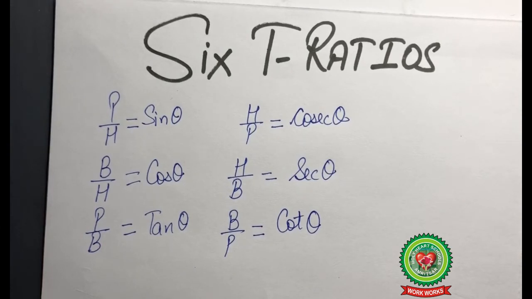So, students, you have your 6 T ratios and their names. P upon H is equal to sine theta. B upon H is equal to cos theta. P upon B is equal to tan theta. H upon P is equal to cosecant theta. H upon B is equal to secant theta. And B upon P is equal to cot theta.